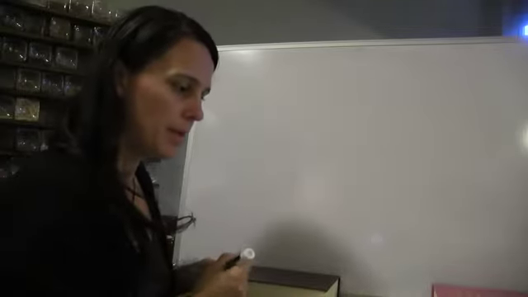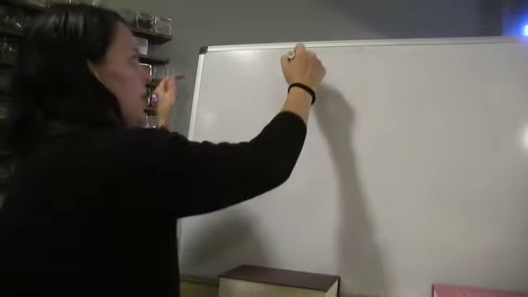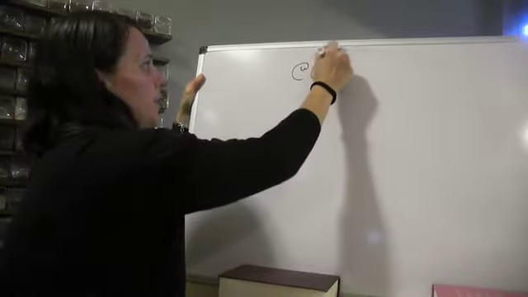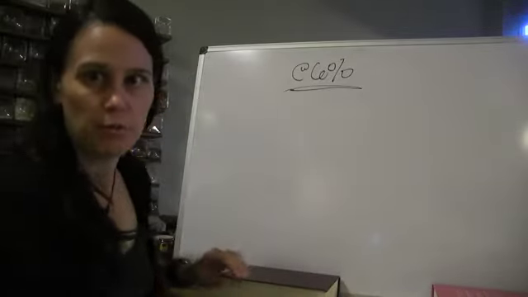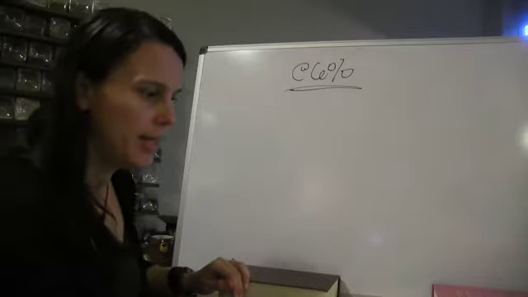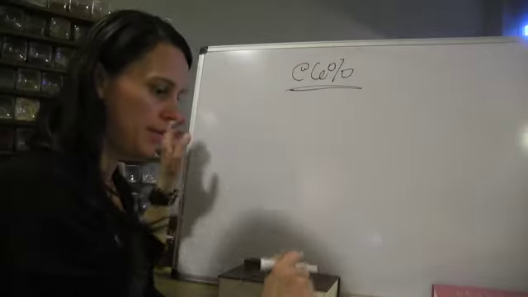Okay. And so at 6%, and this is a really handy thing, you could even write this in the front of your Materia Medica, have it on an index card or something like that.